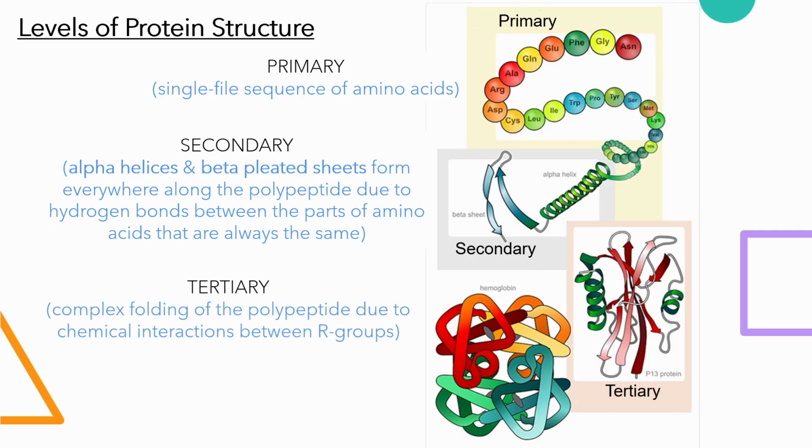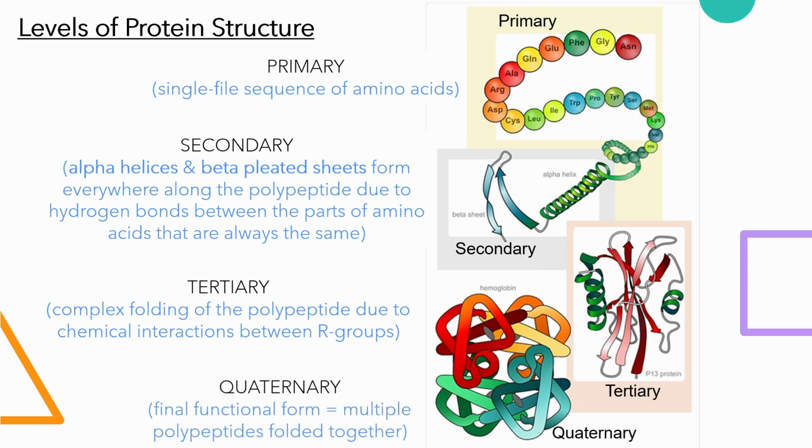Next, the unique fold of an individual polypeptide, predicted by the interactions between its amino acids' R groups, is called the tertiary structure. And finally, the mature functional protein, usually composed of multiple polypeptides, is the protein's quaternary structure.